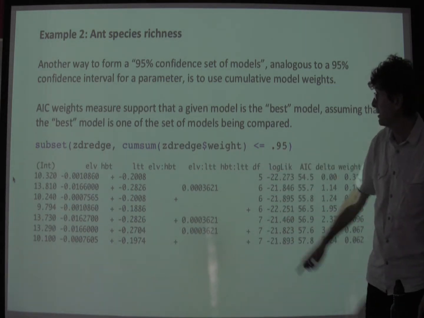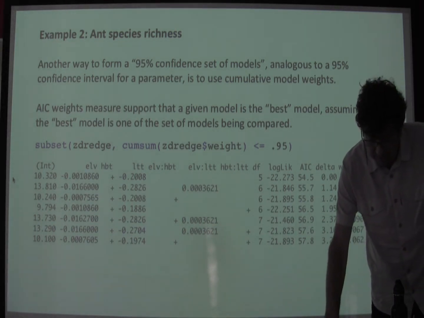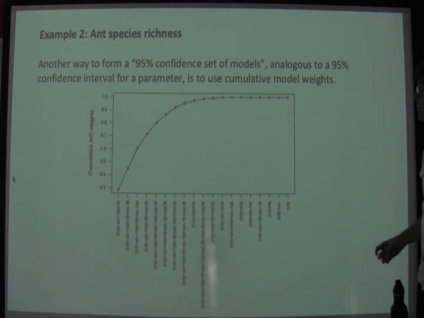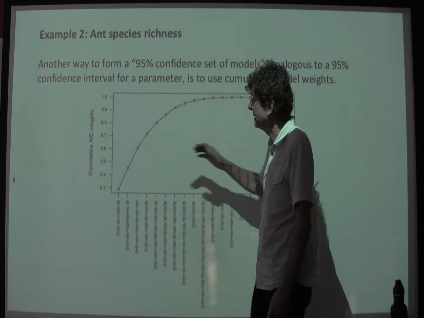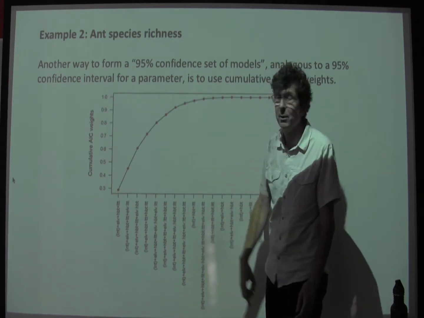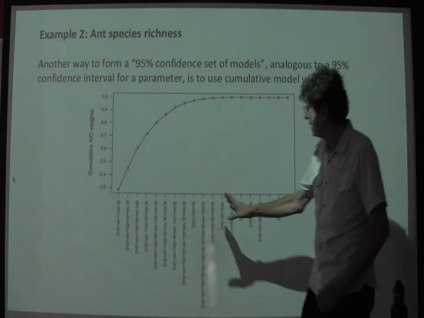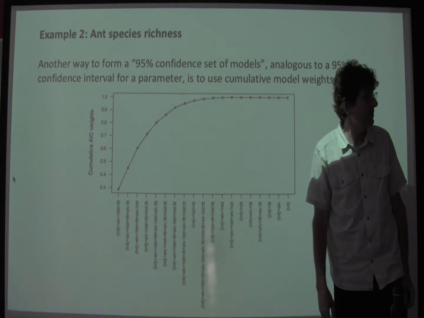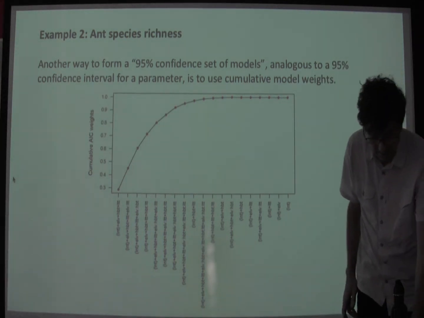One way to figure out the set of models that are part of this 95% confidence set is to order the models by their weights, accumulate them, and keep everything that is below 0.95. So again, that would include all of these values here. We'll try this ourselves in the workshop this week.